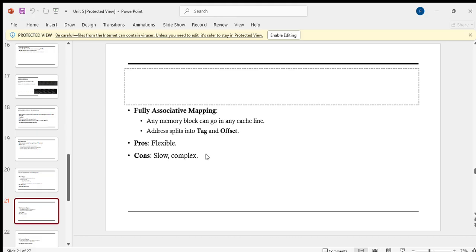Let's say the important advantage is that it is flexible. What do we mean by flexible?